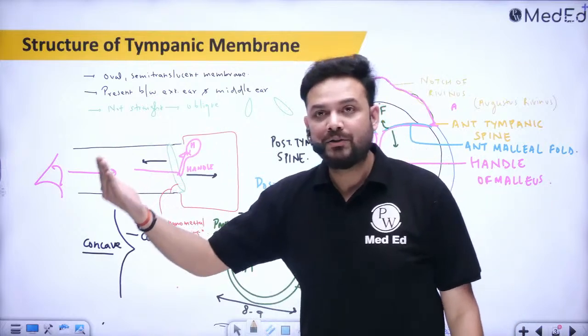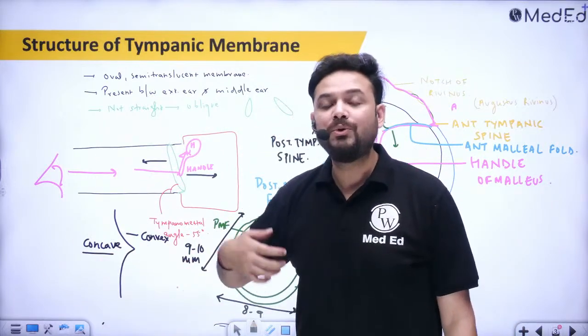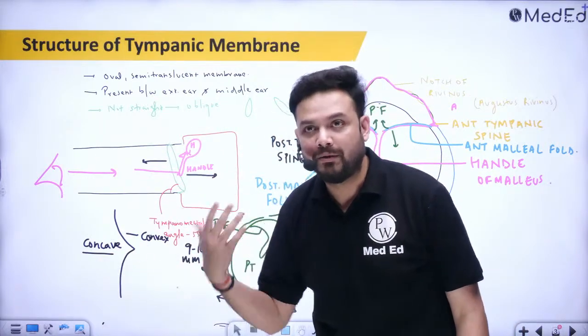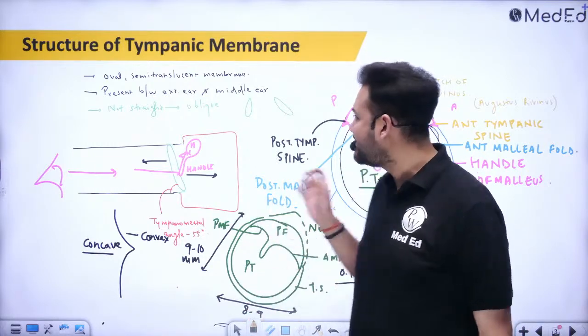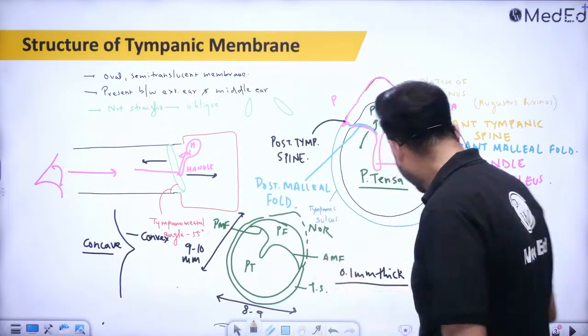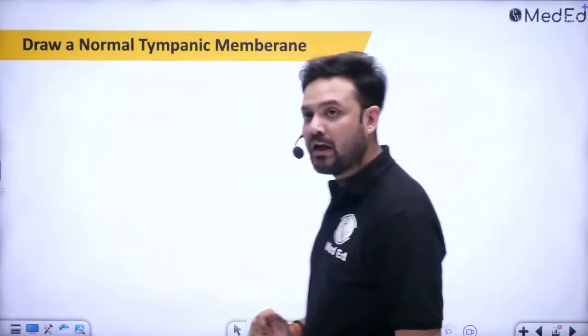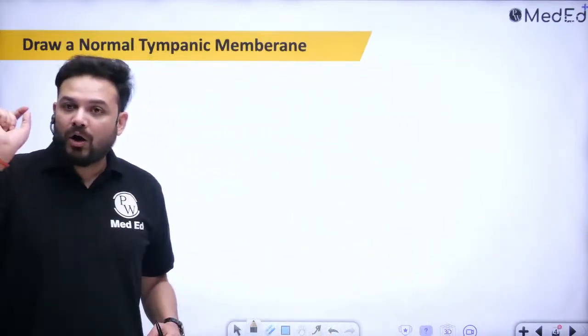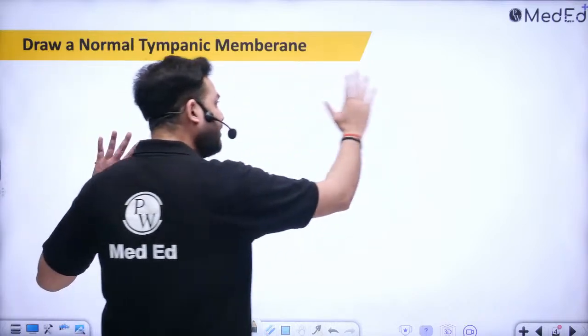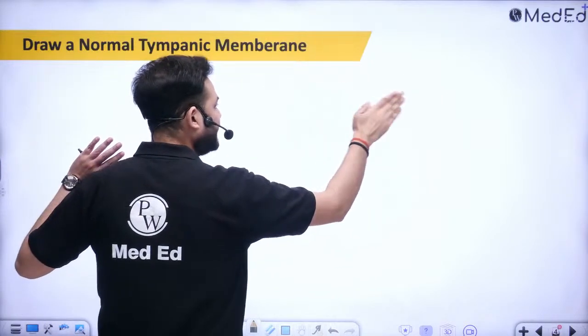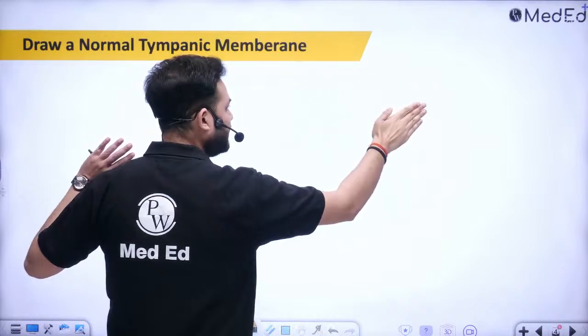Ab I am going to show you how to draw a normal tympanic membrane. और ये tympanic membrane होती क्या है, right? Or what exactly is the inside story of the tympanic membrane? Chalo, let us start now. Now, always remember one thing. If you are drawing a right side tympanic membrane, अपना हाथ right की तरफ tilt कर दो. Tilt your hand towards the right side.